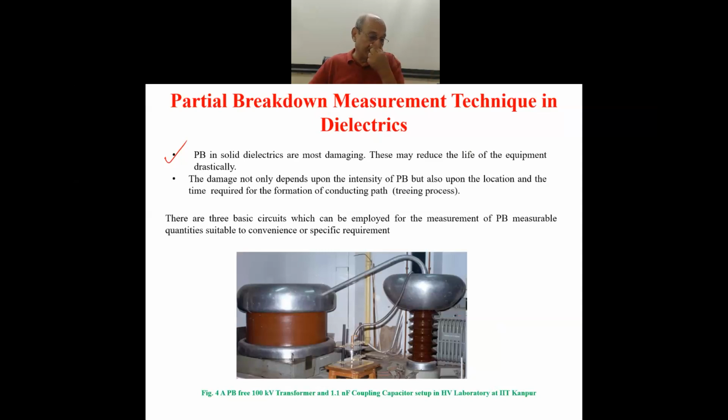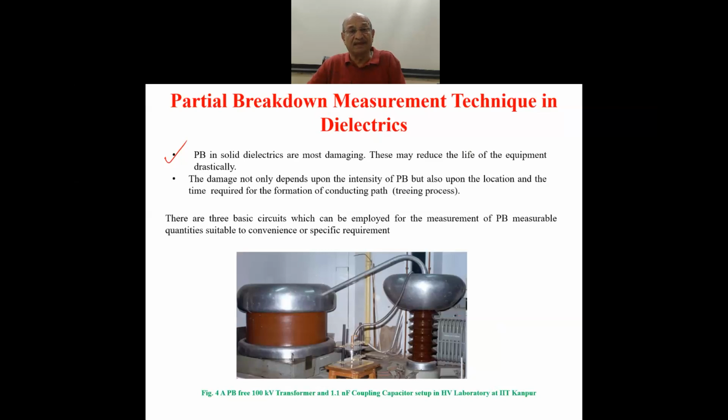You measure for partial breakdown by current pulses injected in the circuitry. And the current, because of the partial breakdown, breakdown takes place. Whenever breakdown takes place, high current flows.